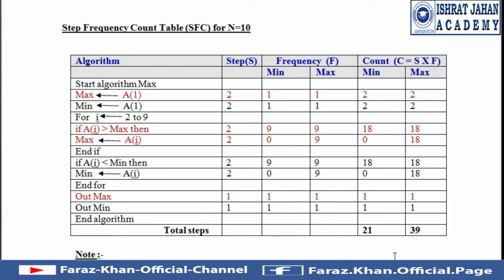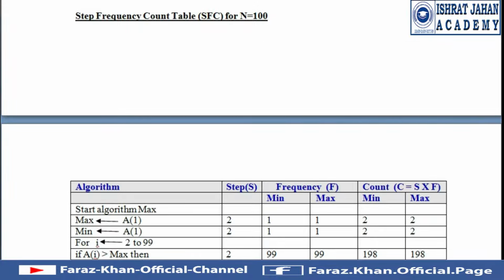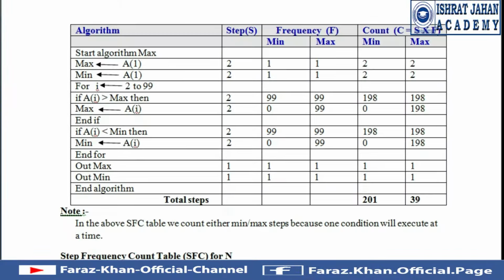While analyzing the algorithm, I will count the steps of the maximum, which I have turned into red, or the minimum. Okay? So again, it will have the same steps we have just witnessed, right? The same thing for n equal to 100, 201, 39, we have already analyzed it before.